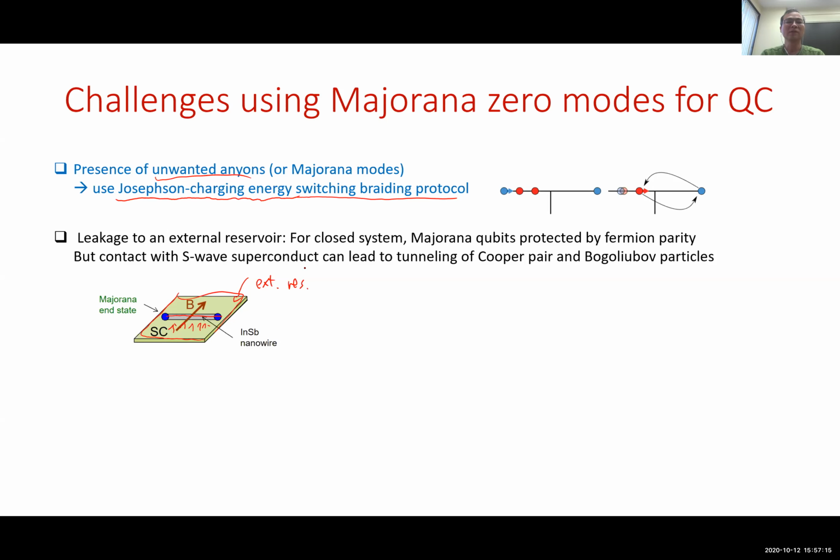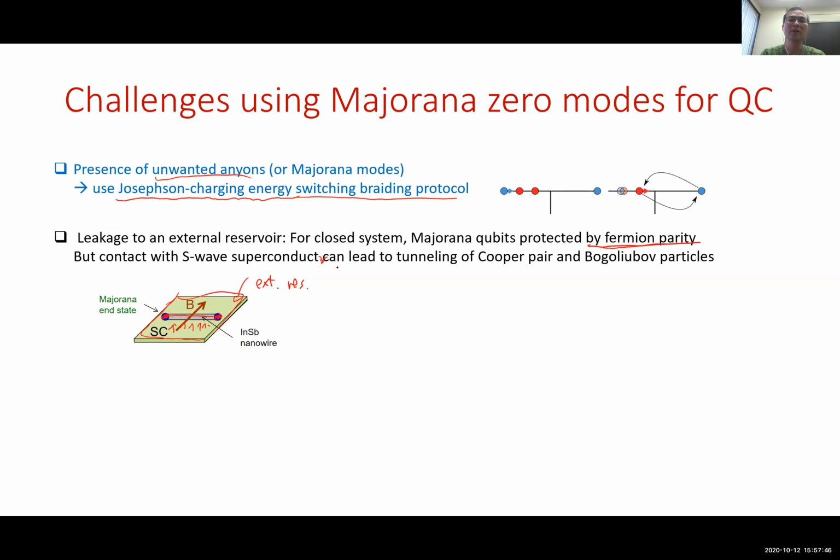Ideally, if there's no such external reservoir, then these qubits are isolated and protected from error because the fermion parity is conserved. But because we use this superconductor to engineer these zero modes, it's not possible to remove the superconductor.